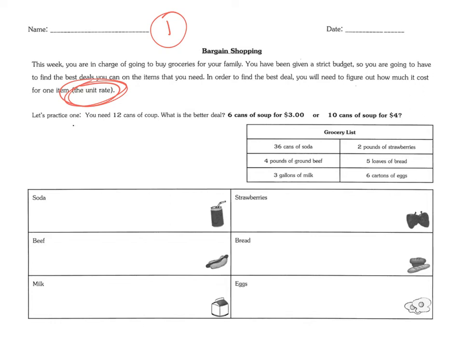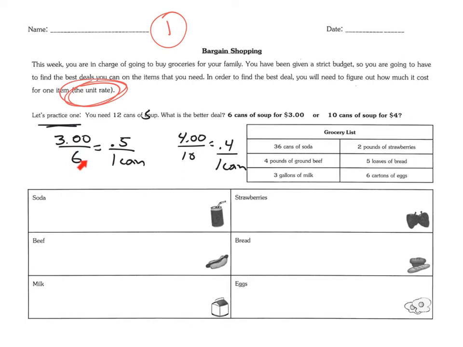There's a practice one here you can read over. You need 12 cans of soup. What is a better deal? 6 cans for $3 or 10 cans for $4? So can you figure that out? How do you figure this out? Once again, 6 cans were $3.